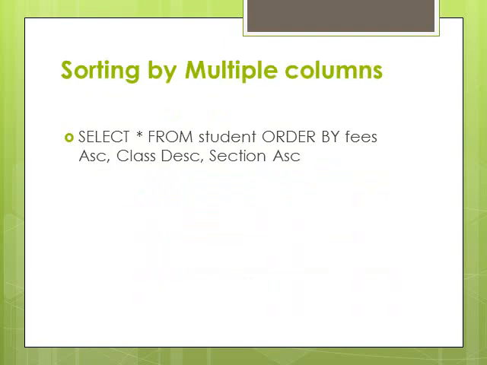Sorting by multiple columns. You can sort the query results by more than one column also if required. Sort limit is the number of columns in the given table. Suppose there are 5 columns in a table, you can write 4 columns in the order by clause.